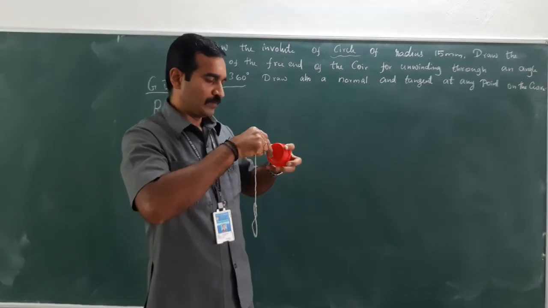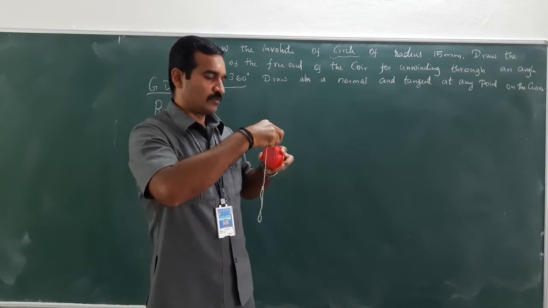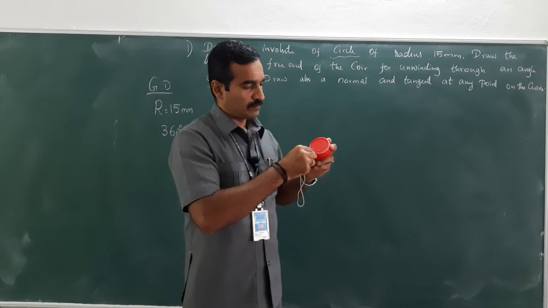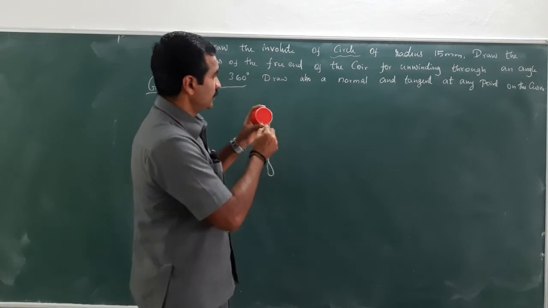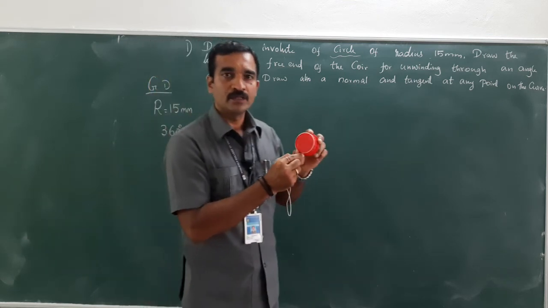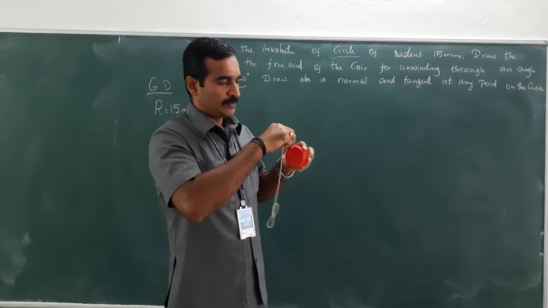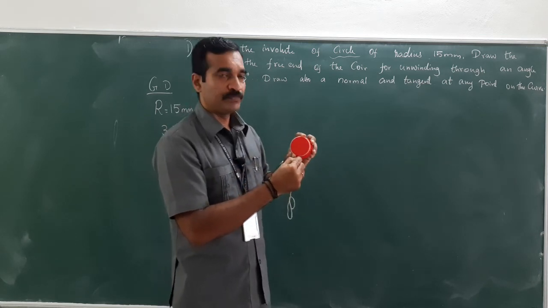I am starting from here. First, I have wound one full turn over the circular object. The thread or the coil has been wound around the object. One full turn, that is 360 degree.